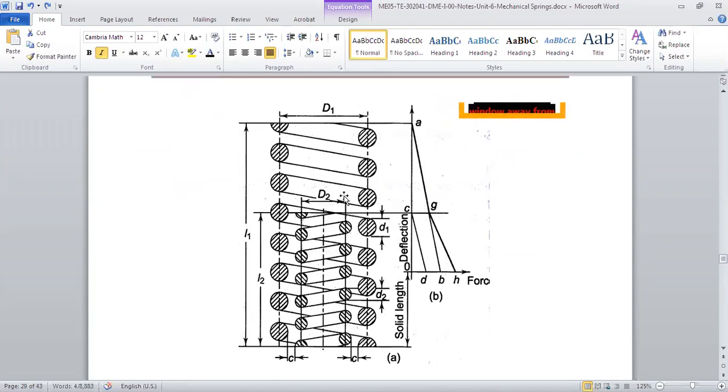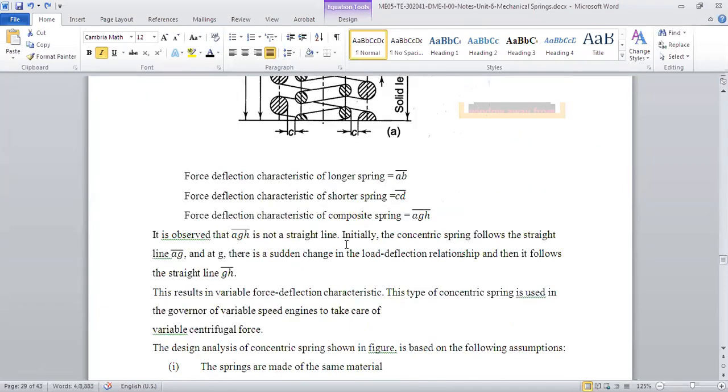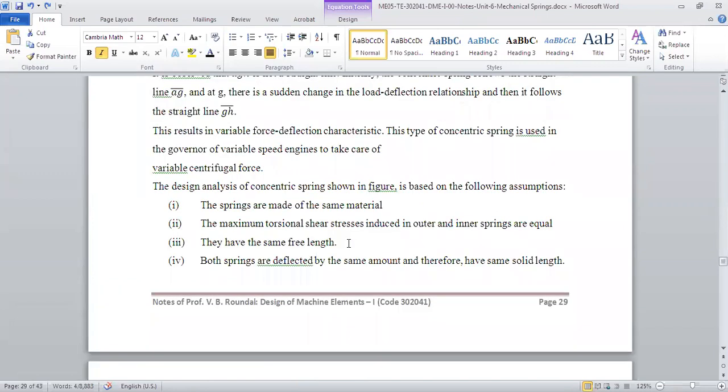One spring will have more length than the other spring. Until both lengths are equal, the load will be taken only by one spring, so it will have stiffness A to G. From when the lengths are equal, both the springs will start taking the load, so G to H will be the stiffness. That's how the combination of the springs will work.